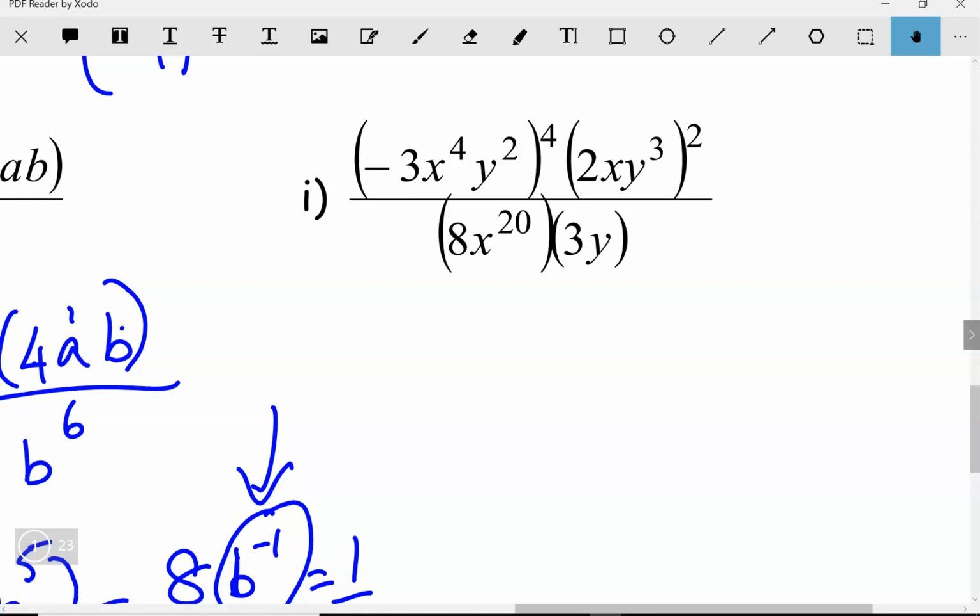But again, negative 3 to the power of 4, it's an even power. The negative sign is part of the bracket, so there's 4 negatives that I'm multiplying.